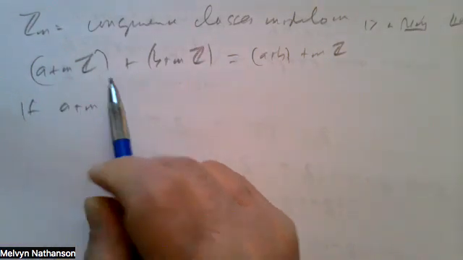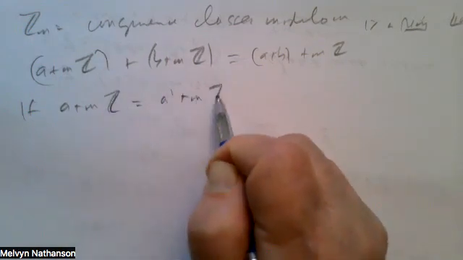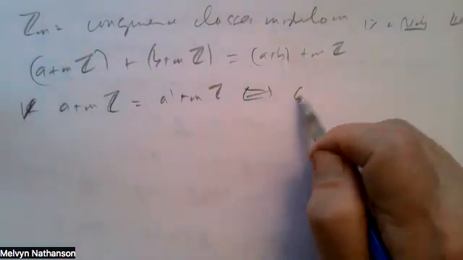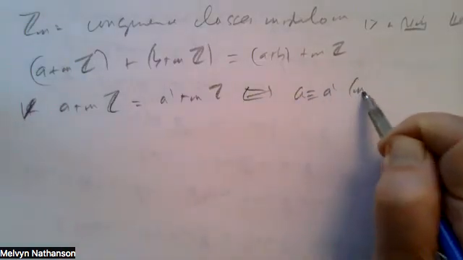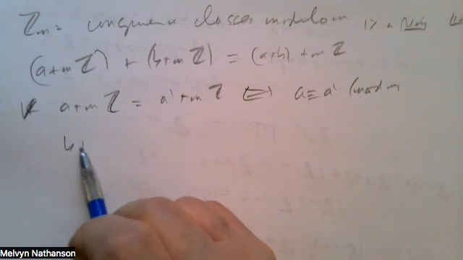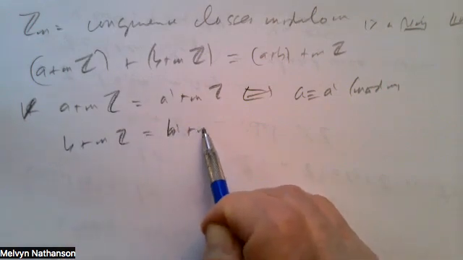If a plus mZ equals, let's say, a prime plus mZ, this is true if and only if a is congruent to a prime mod m, if a minus a prime is divisible by m. And suppose b plus mZ is b prime plus mZ.